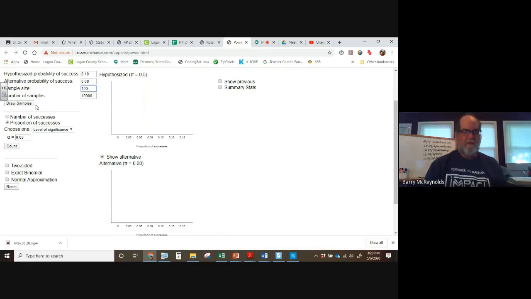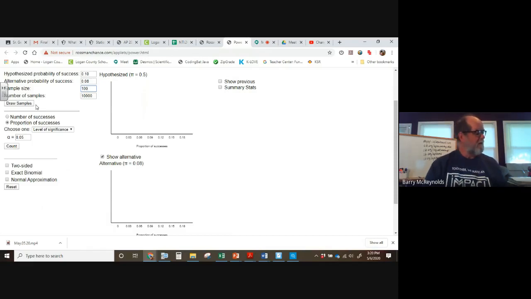So you conduct the test at the 5% significance level against an alternative of the true proportion really being 0.08, and you find that the power of the test is 0.64. The first question is, what does it mean in simple language that the power is equal to 0.64 in this particular setting?